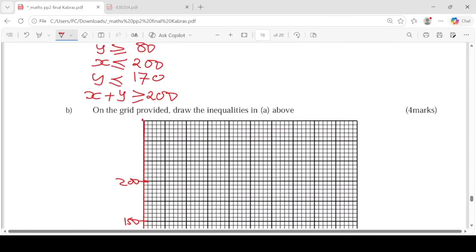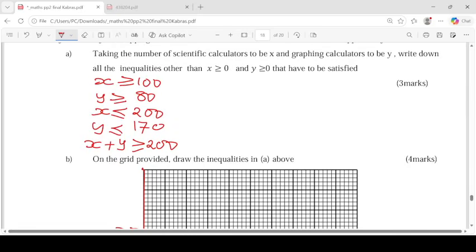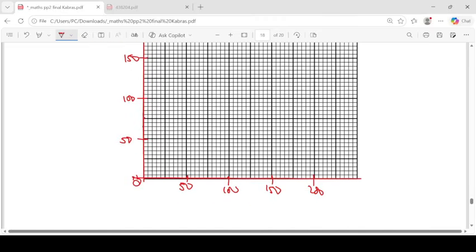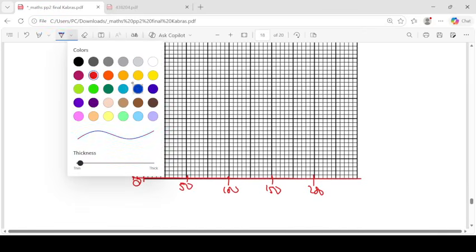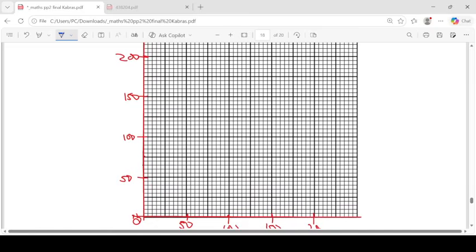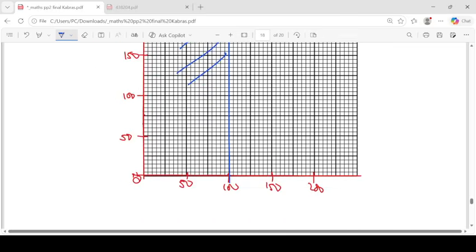Then they are saying, let us do the drawing. Let me start with the first one. X is greater than or equal to 100 is a line cutting the x-axis at 100. Let me use a green ink in this blue ink. And because x should be greater than or equal to 100, then the left hand side is false. So we usually shade the unwanted region.